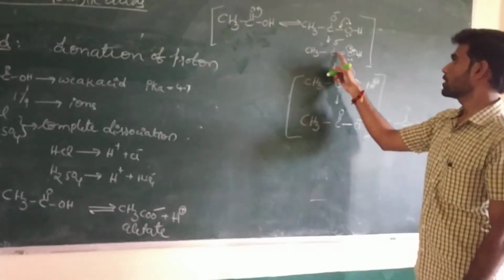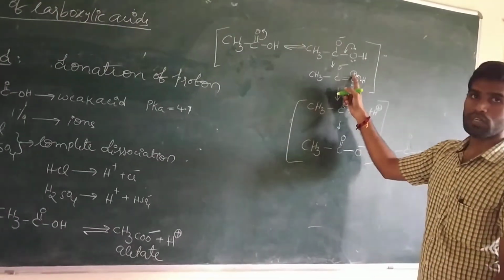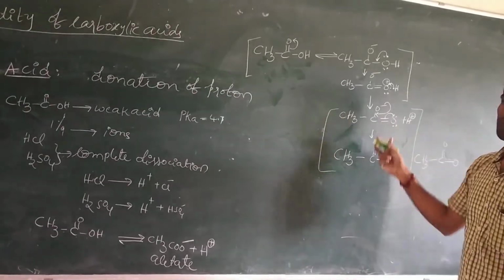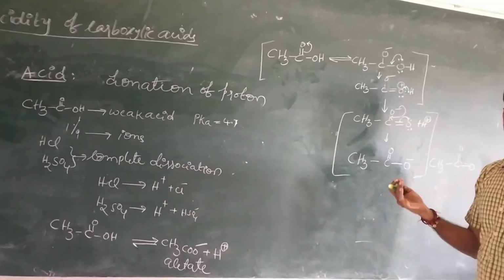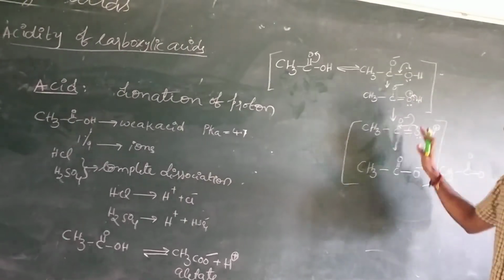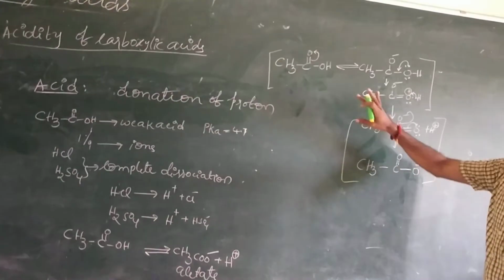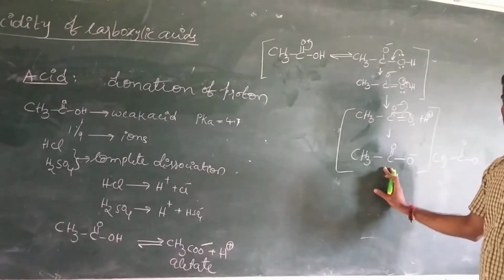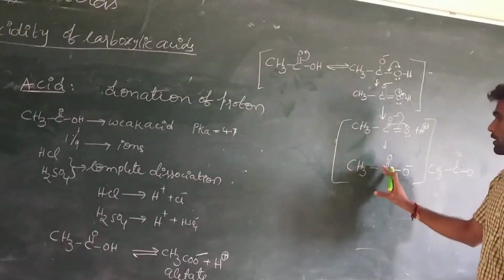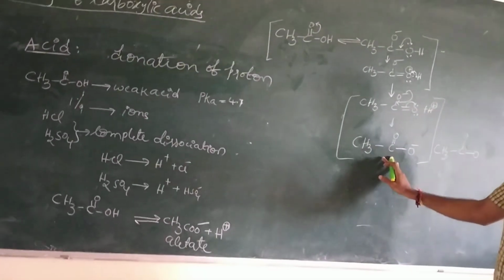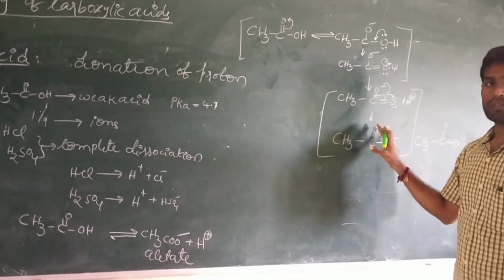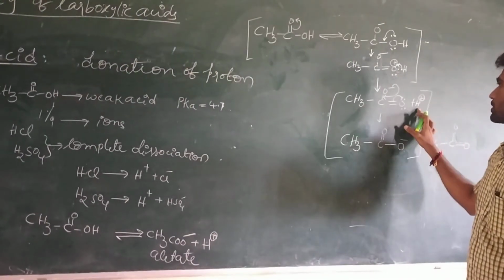But in this case, two different charges, positive and negative, are on the same molecule, and to separate that we apply energy, so the molecule holds more energy. If the molecule contains more energy, it is unstable, and this is the stable form. So the carboxylic acid is converted into ionic form, and the molecule undergoes dissociation with liberation of a proton. That's why we call it an acid, because it produces H plus ions.